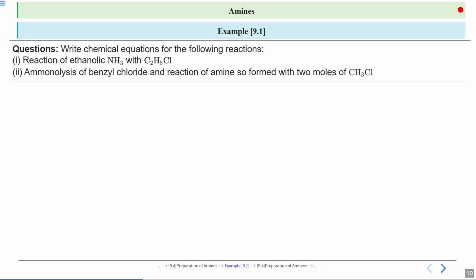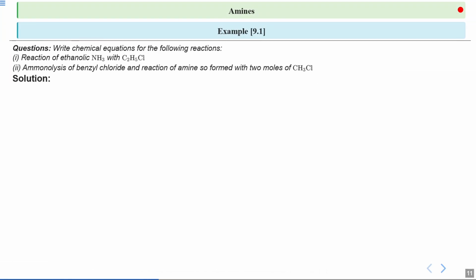Right now we only discussed these reactions. If you look carefully, here we have 2 questions. In the first one we have ethanolic ammonia, NH3, with ethyl chloride. Second we have ammonolysis of benzyl chloride, followed by its reaction with methyl chloride.